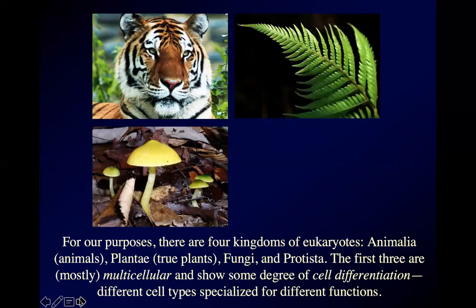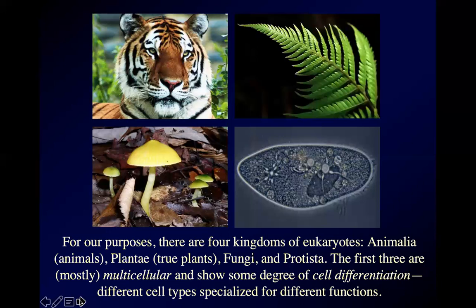You have got roughly 200 different types of cells in your body. Something much simpler like a jellyfish might only have about a dozen, but both of them show cell differentiation. Different kinds of cells do different things.